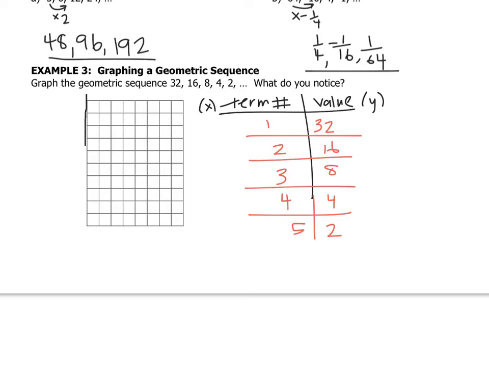All right, let's make our graph. We only need to be in the positive quadrant. And I think we can go by 4s. And let's just do this by 1s. Okay, pause the video and plot those points.